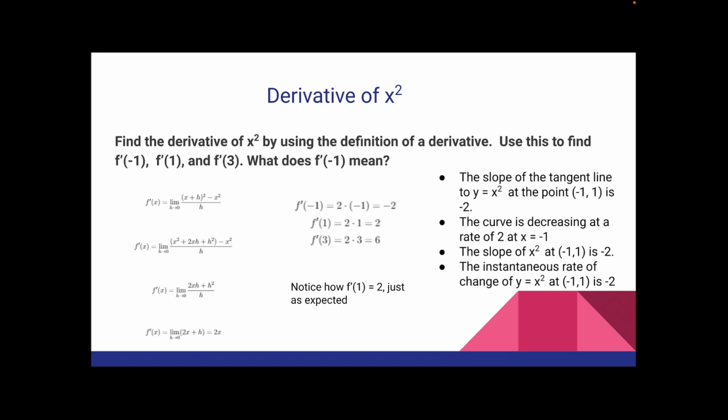It shows that the slope of the tangent line to y equals x squared at x equals -1 is -2, or that the slope of the curve itself is -2. This means that the curve is decreasing at a rate of 2 at x equals -1. Finally, the derivative also shows that the instantaneous rate of change is -2 at x equals -1. We could also say the same for the other 2 points.